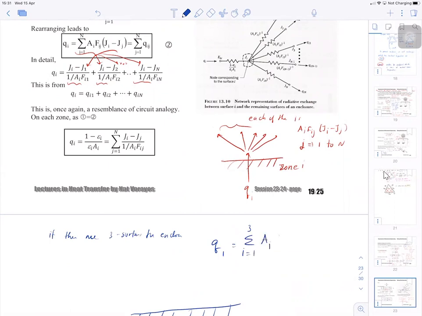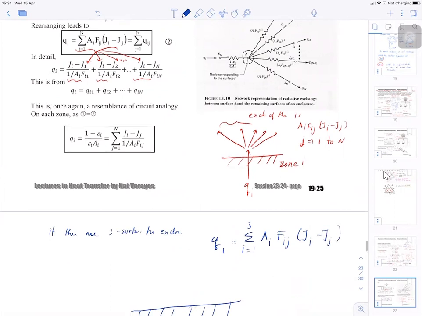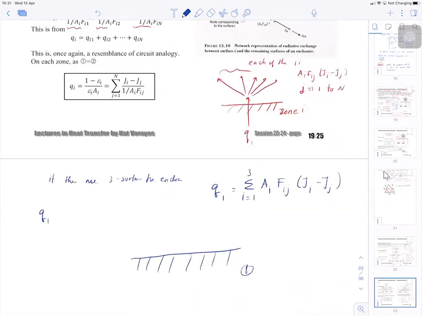And AI Fij multiplied by Ji minus Jj, right? So you're going to have Q1 equal to, oh, by the way, this is flat. When it's flat, you already know that F11 is going to be equal to 0.